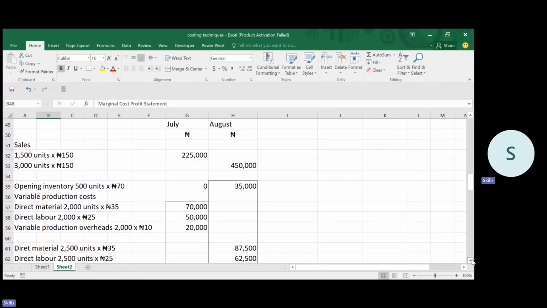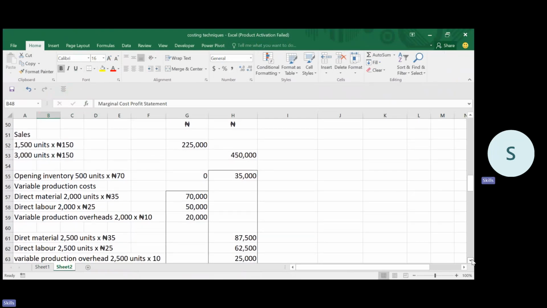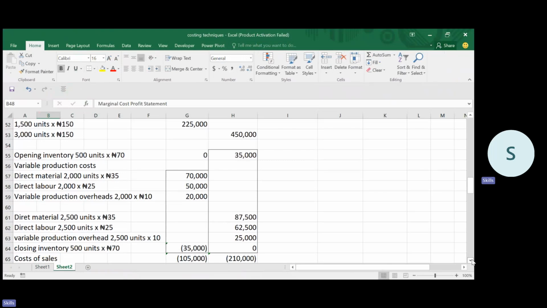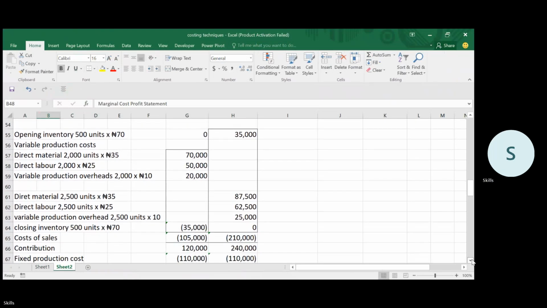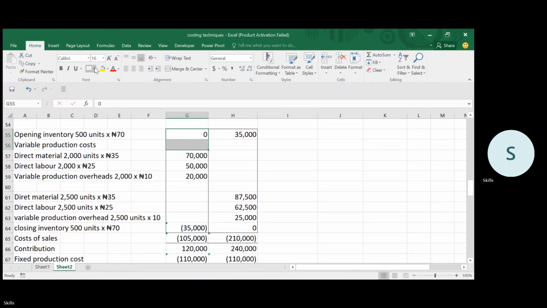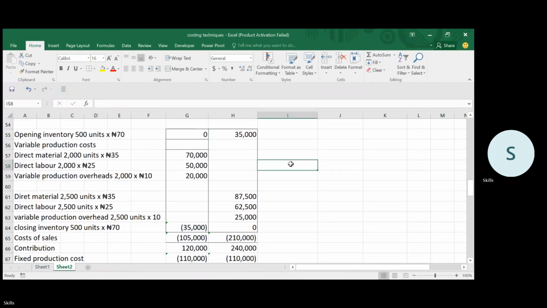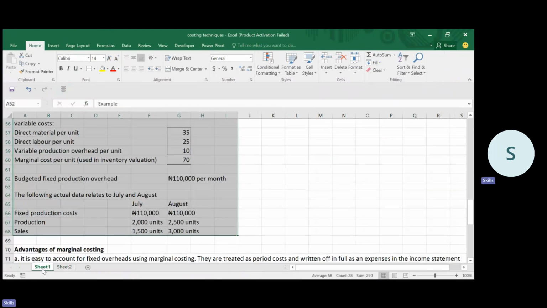Do not forget that your inventory is valued at marginal cost, which is your total variable cost. So I hope this is clear.